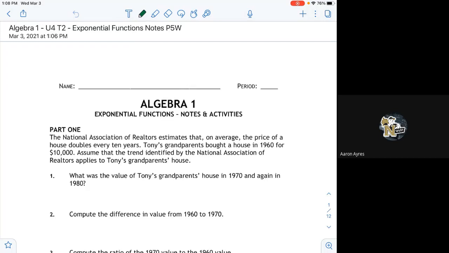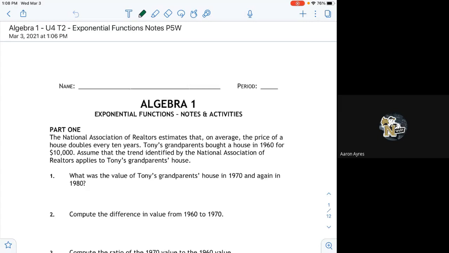Everybody has a home. If you've purchased a home before, you know that the value usually increases over time, depending on what improvements you make. Inflation helps with that too; inflation can sometimes increase the value of a home.